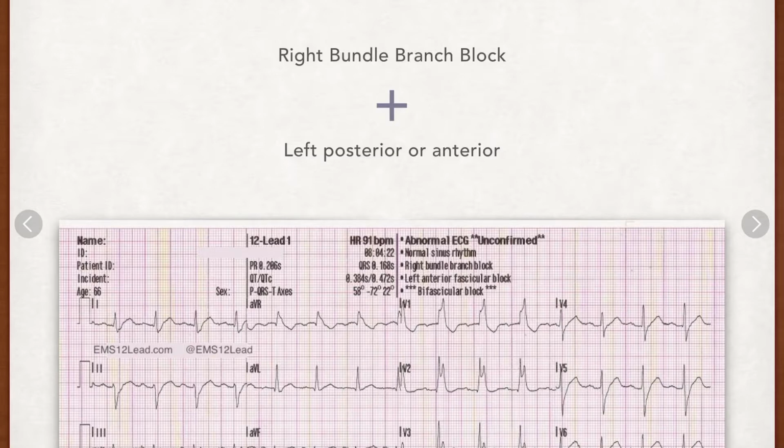So looking at the EKG here, I definitely have a wide QRS complex, so I have a bundle branch block of some sort. I have a terminal R wave, so that makes it a right bundle branch block. And then I look at my axis deviation, and I think I'm going towards the 1, and I think I'm going away from the right.